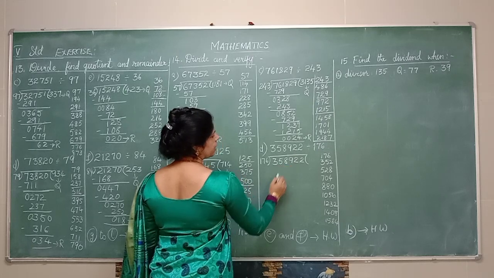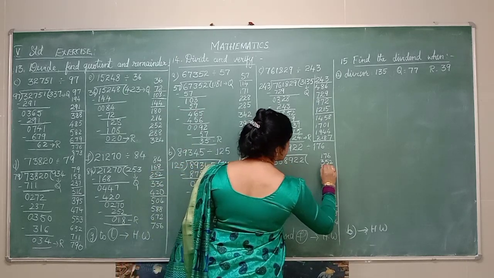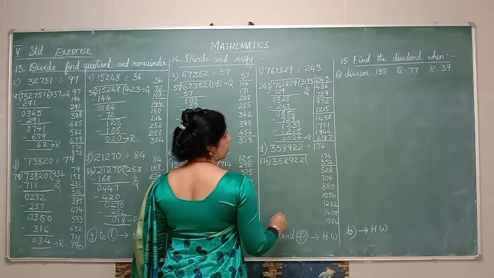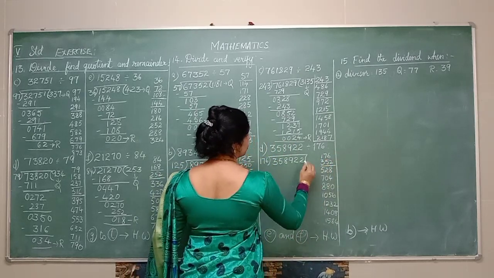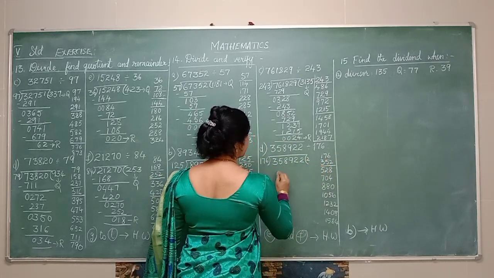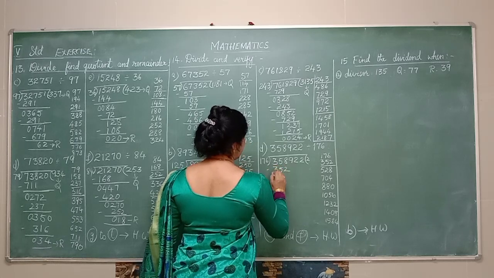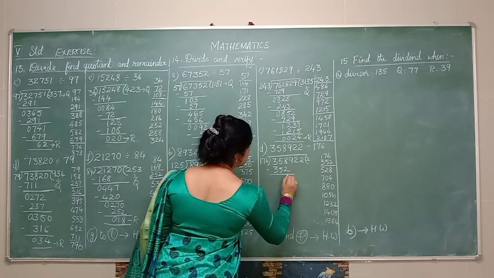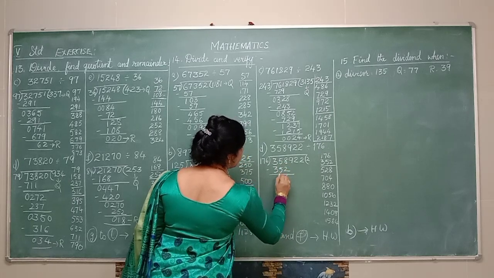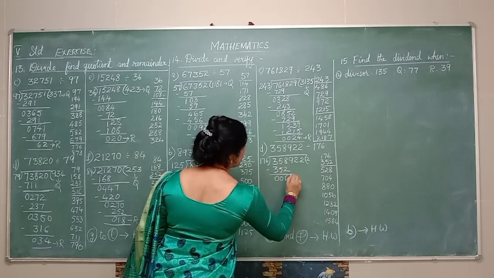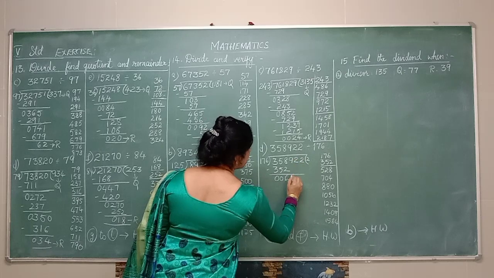Where does 358 come? 358 comes here. How many times? 1, 2. So 2 za is 352. 352 minus: 8 minus 2, 6. 5 minus 5, 0. 3 minus 3, 0. So you are bringing 9 down.